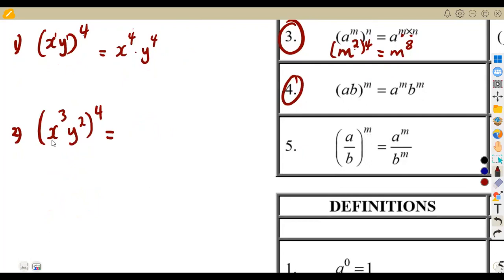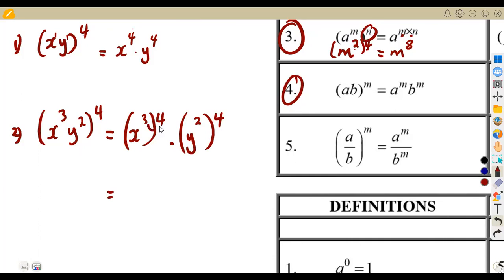So it means the x to the exponent of 3, this one, is going to be raised to the exponent of 4. So you're going to have x to the exponent of 3 being also raised to the exponent of 4. Y to the exponent of 2 being raised also to the exponent of 4. So we are back to this part that if a base is being raised to a certain exponent and also being raised to another exponent, I multiply the exponents.